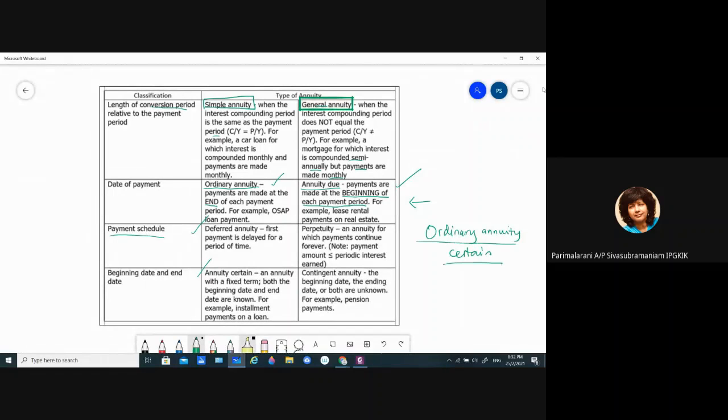Ordinary annuity certain means you are paying money, say monthly, at the end of every month. You know the starting date, you know the ending date, you know how many months it is. So this is one type of ordinary annuity certain. It could be something else, annuity due certain. A few of these can be mixed together.